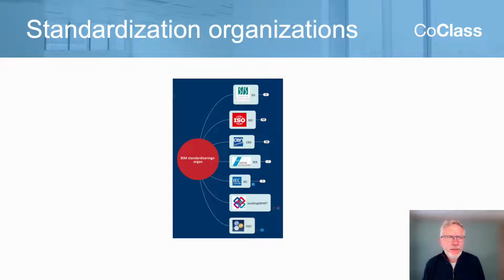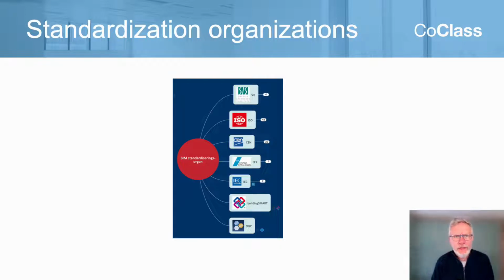In Sweden we have these organizations working with standards, starting with SIS, the Swedish Standards Institute. On the international level, you have ISO, and CEN on the European level. Then for the electrotechnical side, you have SEK, the Swedish Electrotechnical Committee, and IEC on the international level.